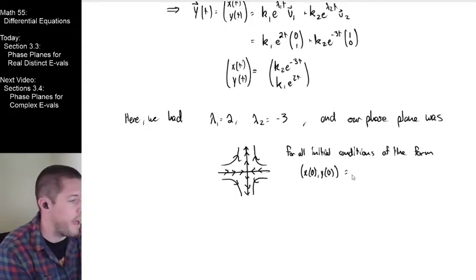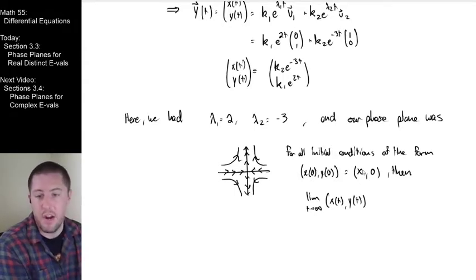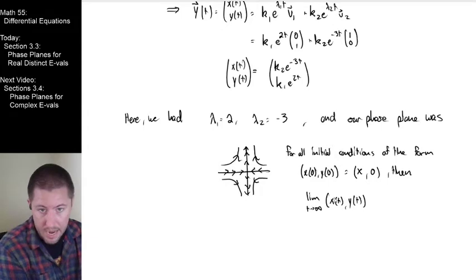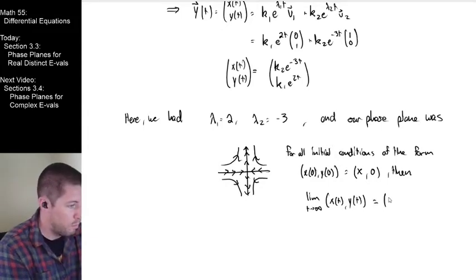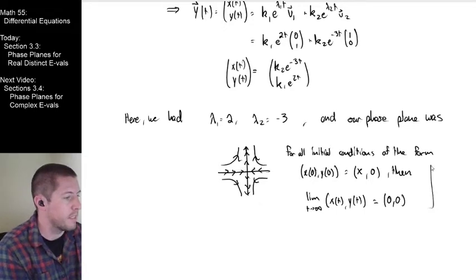So if our x value is whatever it wants to be, but our y value is 0, then the limit as time goes to infinity of x of t, y of t. So this is saying, given that your initial condition is some generic spot on the x-axis, what eventually happens to your location as time goes forward? You're going to go to 0, 0, right? This is our x-axis statement.